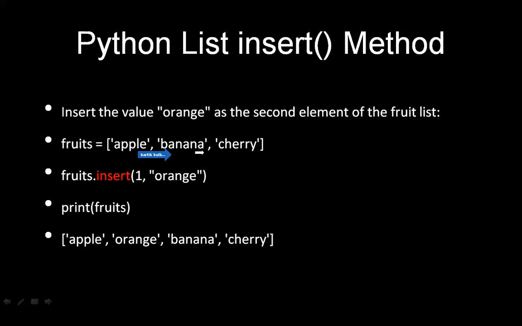Yes, I can use the insert method, and I specify the index number 1 and the value orange. When I print the fruits list, you can clearly notice the difference: banana, and then here the orange.